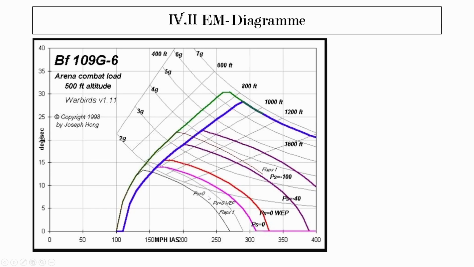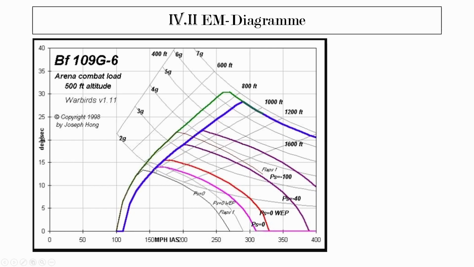So what can we see here? The blue line is basically our turn rate at the lift limit for various G's. Now you can see the diagram starts at 2G, so that would be here. 1G, I don't know, would be somewhere down here, because we don't have a turn rate. And then it's interpolated, I think 1.1, 1.2, 1 point something G until we reach 2G. So that would be that.